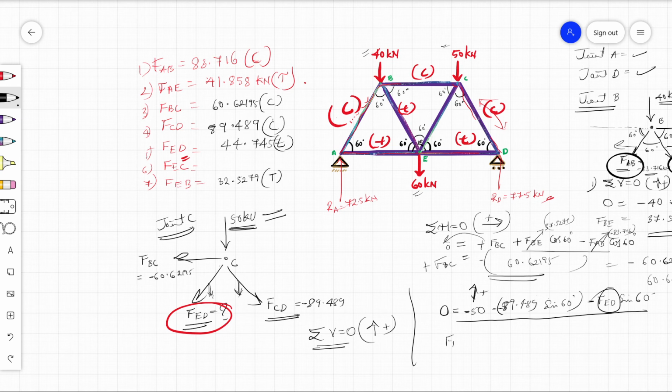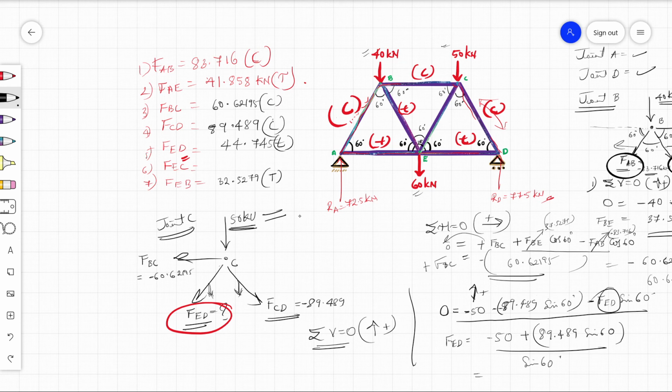So FED is equal to minus 50 plus 89.489 sin 60, divided by sin 60.